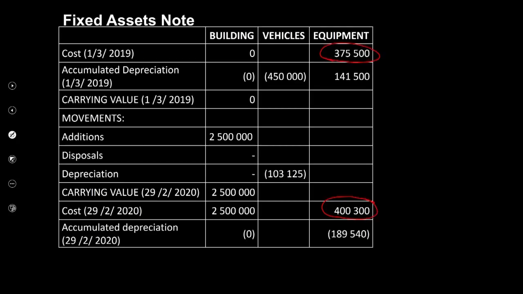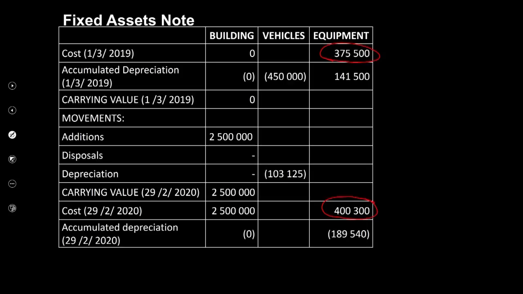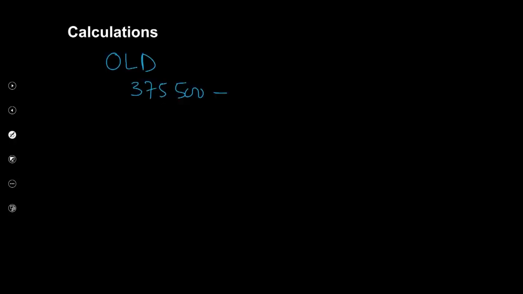So obviously what I'm going to do here is work on the old first, right? Taking my information, it's 375,500 minus the accumulated depreciation. What was my accumulated depreciation? 141,500.